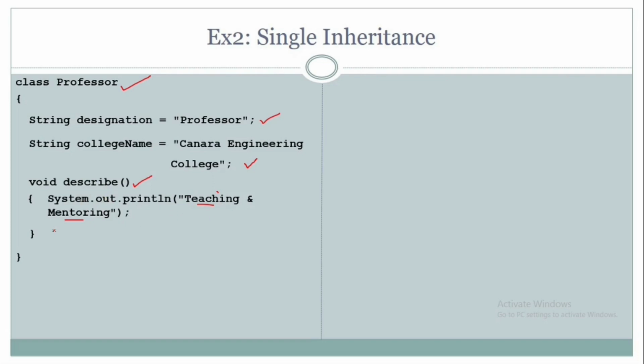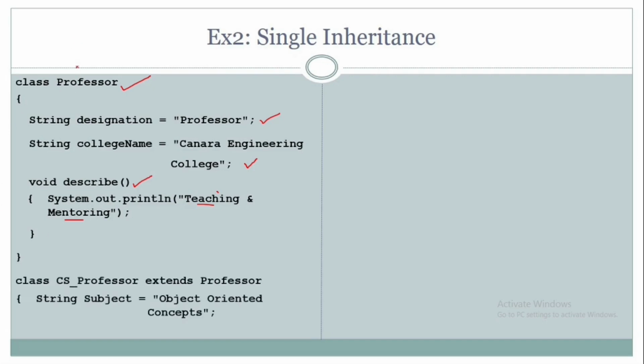Now let me create one more class that inherits the features of this professor. I'm going to create a class called CS professor that inherits the features of professor. As you can see, I have used the extends keyword. Whenever I use the extends keyword, it means it is used to inherit the properties.